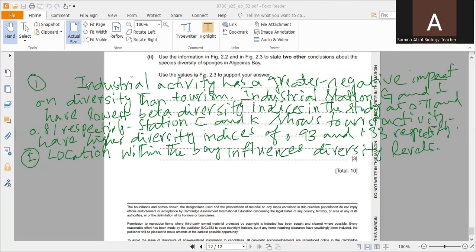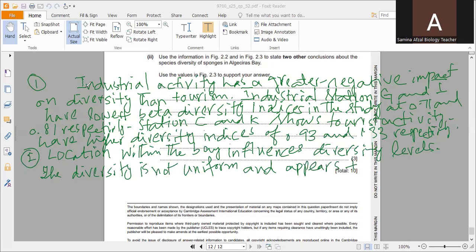The diversity is not uniform and appears to be higher at the outer edges of the bay compared to the inner bay.